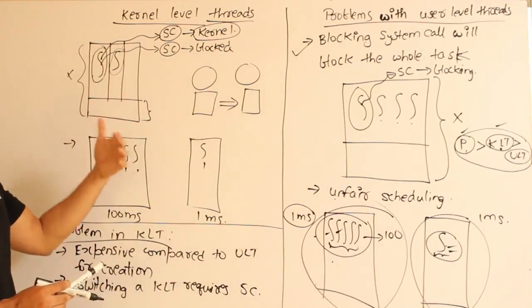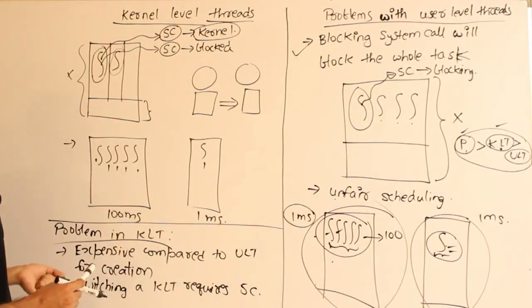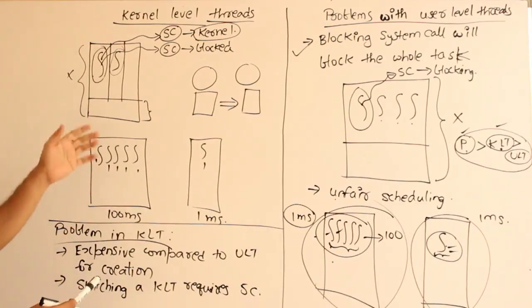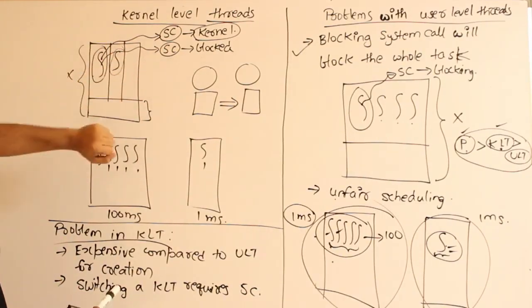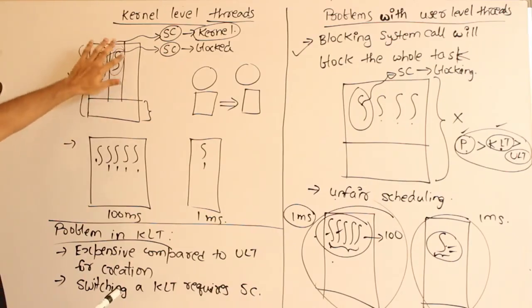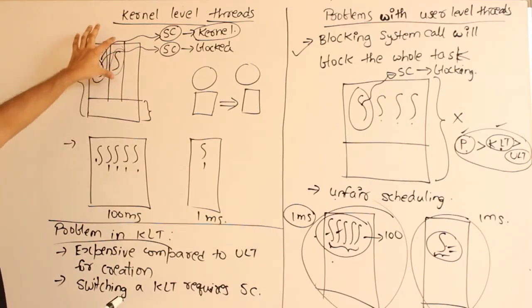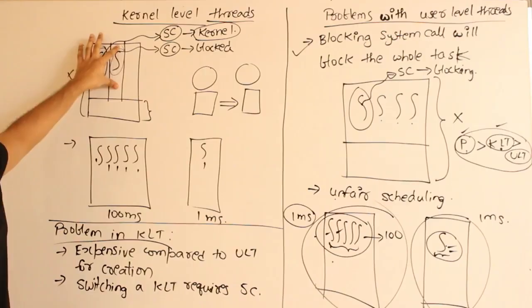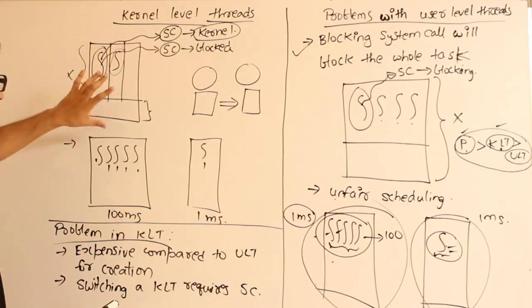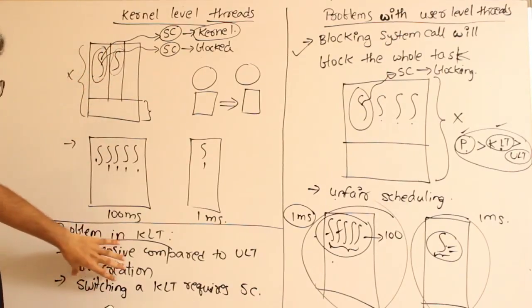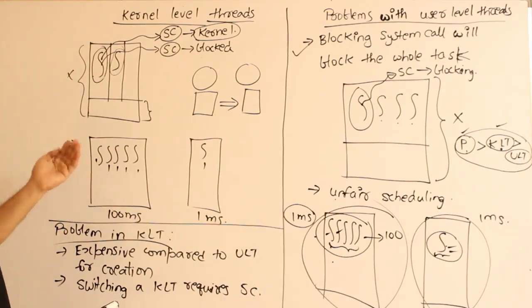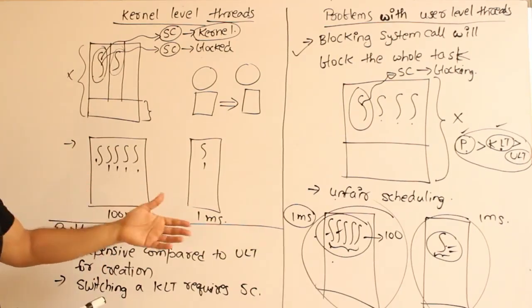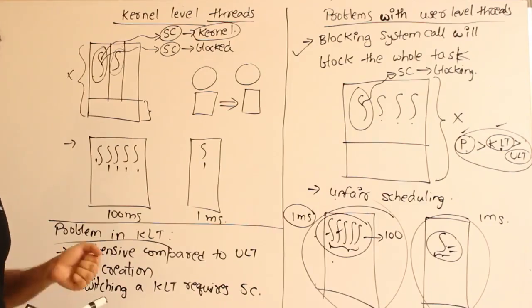So a system call is required. Then the kernel will get into the picture and it will try to change the context. But anyway, the context switching is very simple, because only registers have to be changed, everything is similar, right? So again, switching is also expensive compared to user level threads, but comparatively less expensive when you compare it with process switching, right?